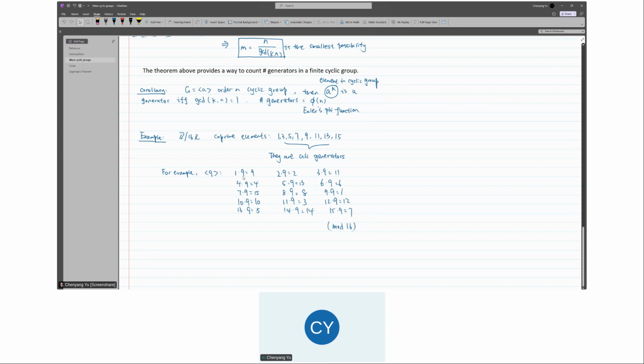You can multiply 9 with every element from Z/16Z, and you can see that it generates every element modulo 16. You should check all the other generators, but it's a waste of time, so we are not going to do it here.